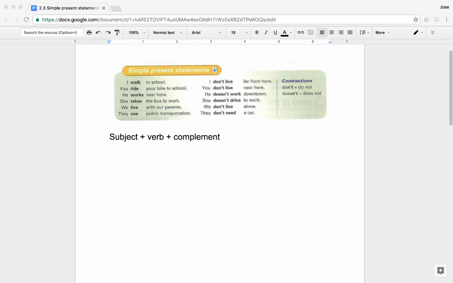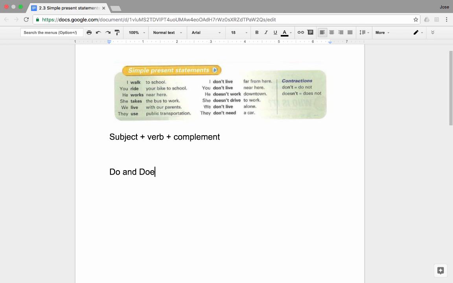Now, I would like to show you how we can form negative statements in the simple present. In order to understand this topic, I would like to show you the auxiliary verbs which we will use. Do and does. We're going to use do not for the pronouns I, you, we, and they.